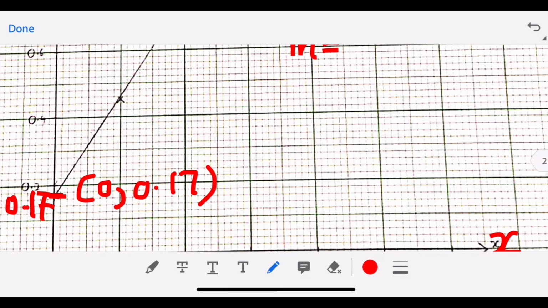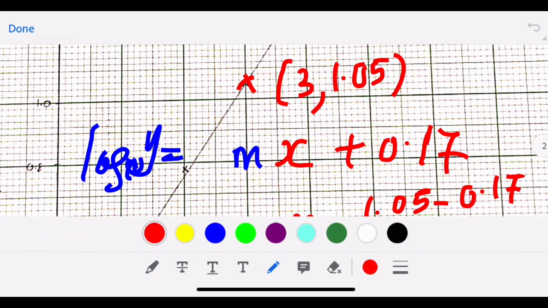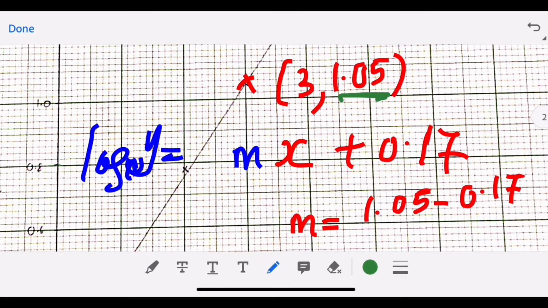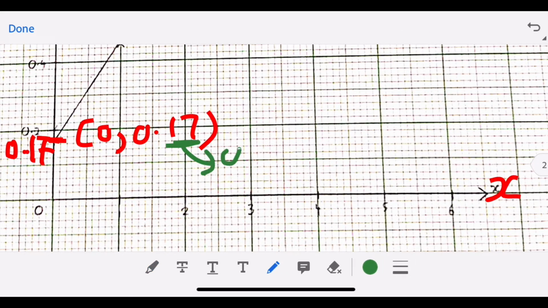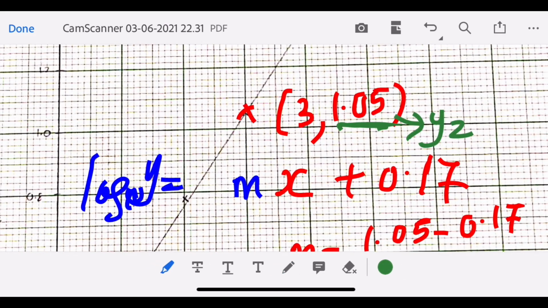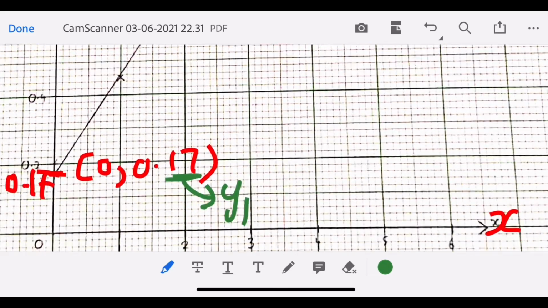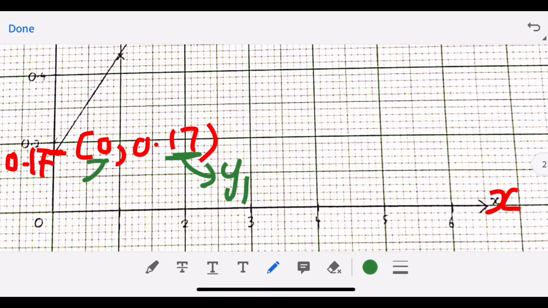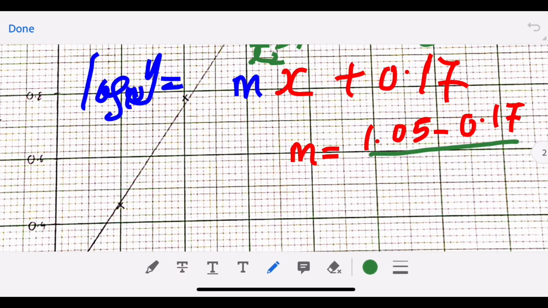So we take y2 minus y1, over x2 minus x1, which is 3 minus 0.